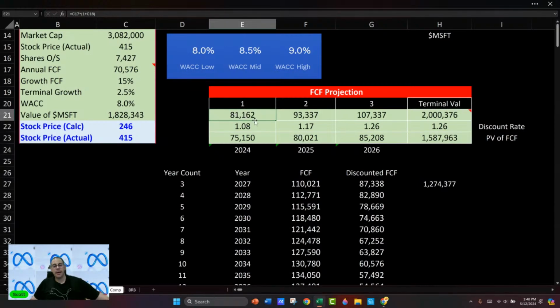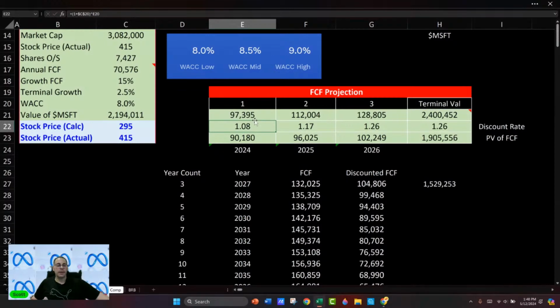But let's say they actually did much better. They started to get a lot more sales in AI or whatever, and it ended up being 97 billion. Then you would update your model with actuals, and now their future growth is stronger. So now your target goes up to 300. So it's getting closer to the 415.